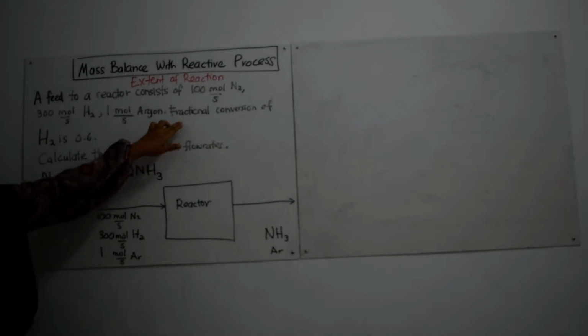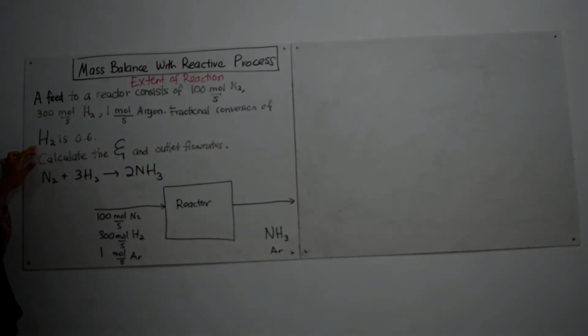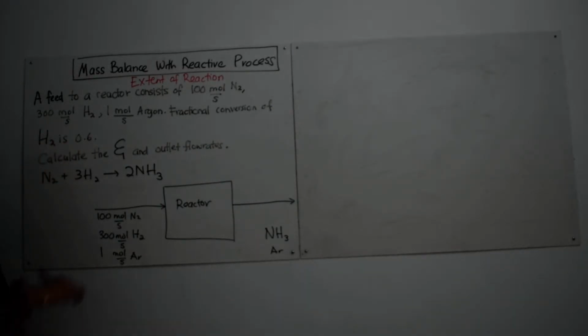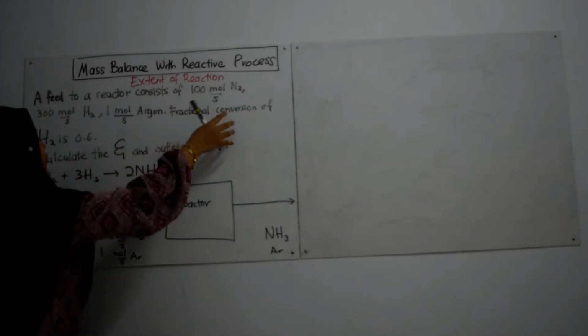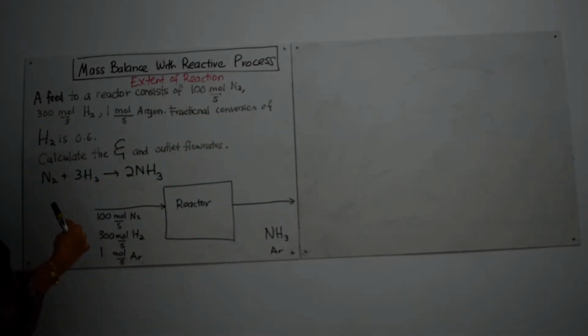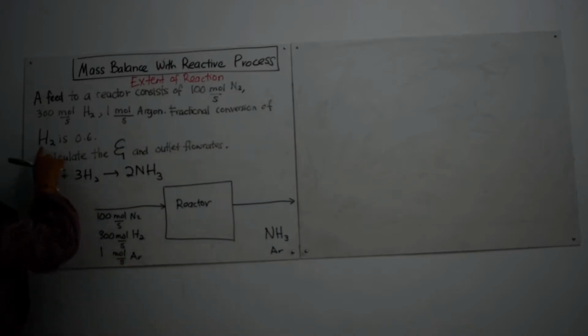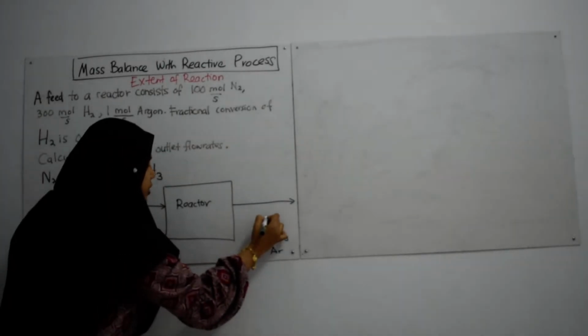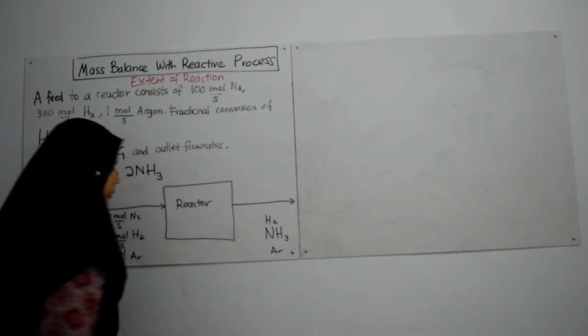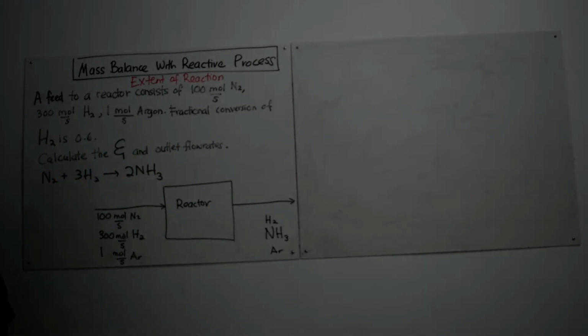Since the fractional conversion of hydrogen is 0.6, you will have unreacted hydrogen, so definitely you will still have hydrogen, and also you will have nitrogen.